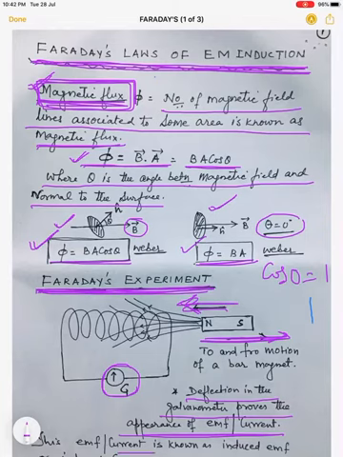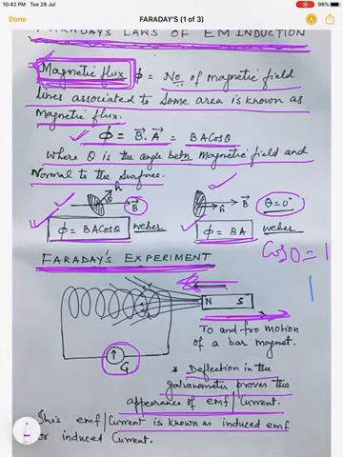So this EMF is known as induced EMF, and the current is called induced current. This is a very famous and important experiment, and by this experiment Faraday could think of producing a current by using a magnet or changing magnetic field. So this is called Faraday's experiment.